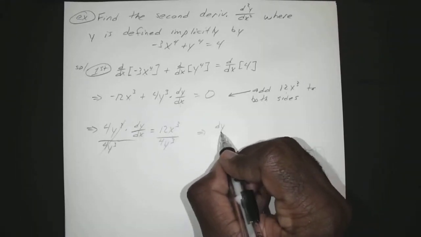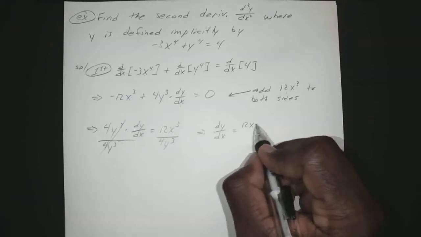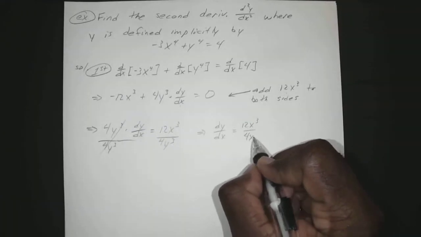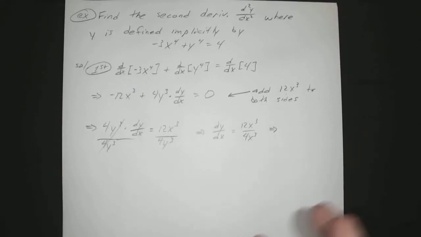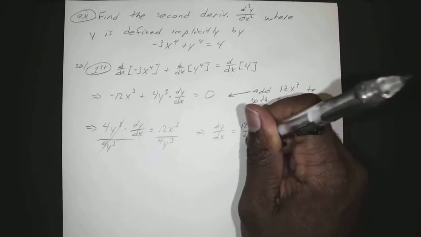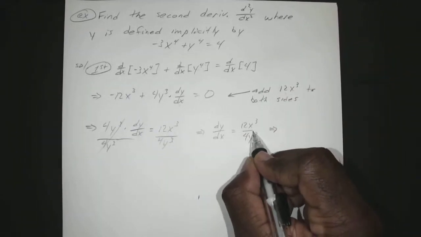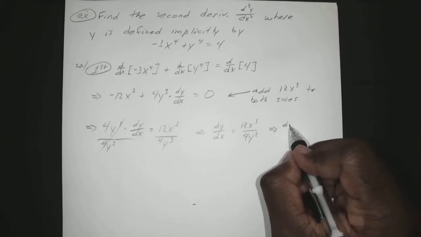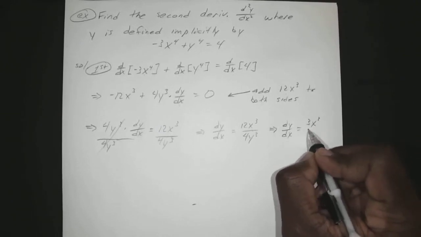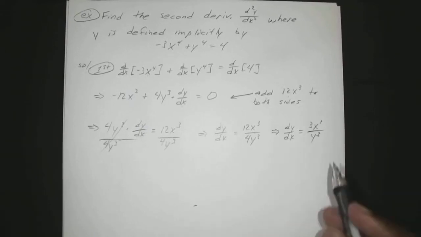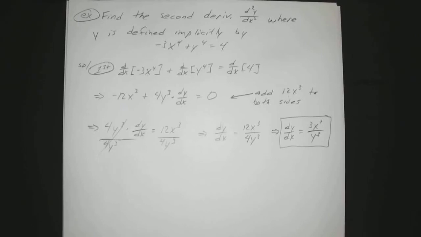So we have our dy/dx equals 12x to the third over 4y to the third, which means our dy/dx is equal to 3x to the third over y to the third. Once we simplify our 12 and 4.